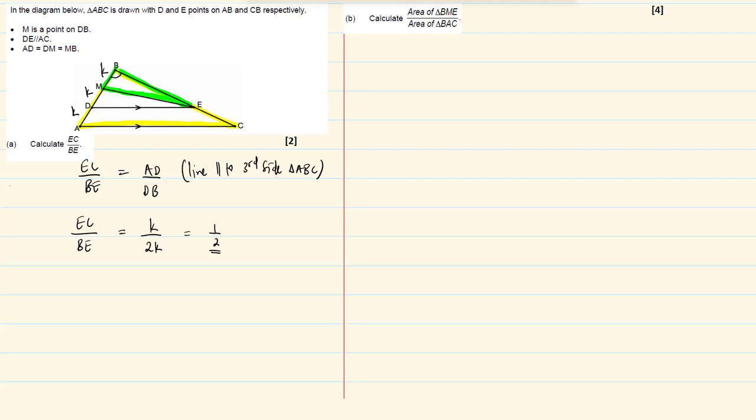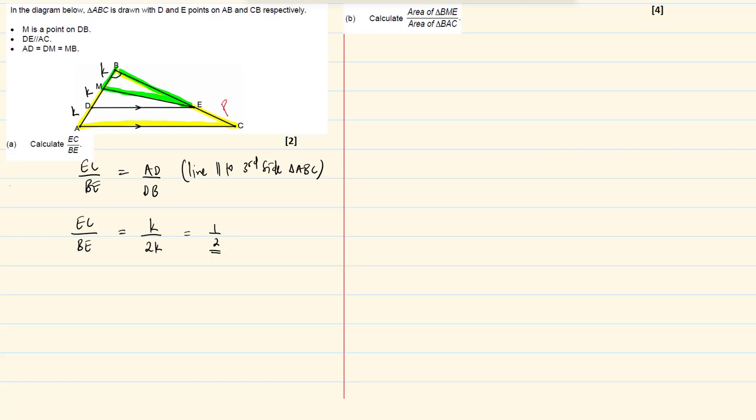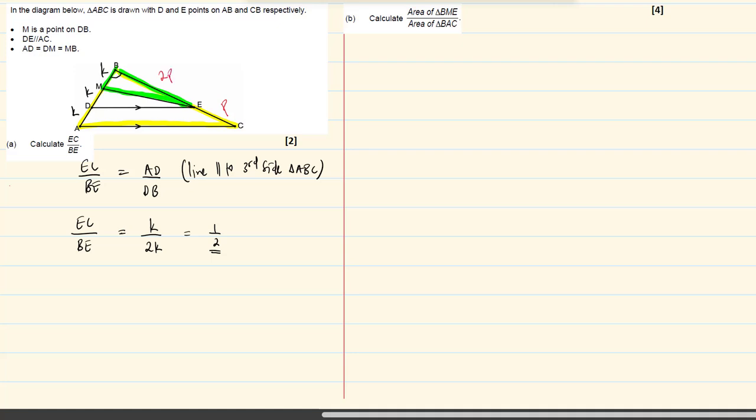So let me suppose that this length is P units, then the length BE is going to be twice that, so it's going to be 2P units.